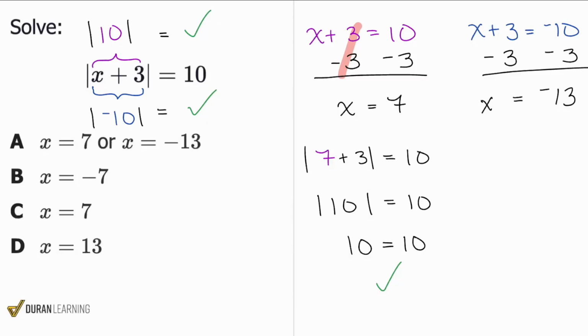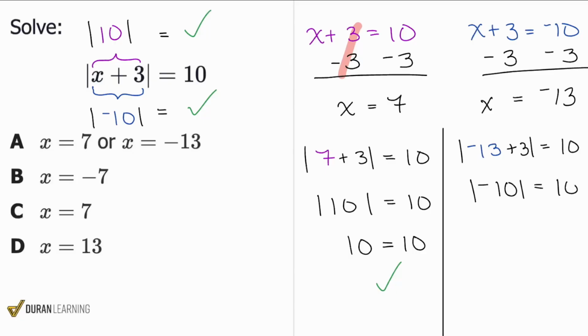And so with that, let me go ahead and prove it again to you. We'll have the absolute value of -13 plus 3 equals 10. Let's see what this equals. And let me go ahead and separate this with a very clear vertical line. -13 plus 3. So if I'm at -13 and I come up 3, I'll be at -10.